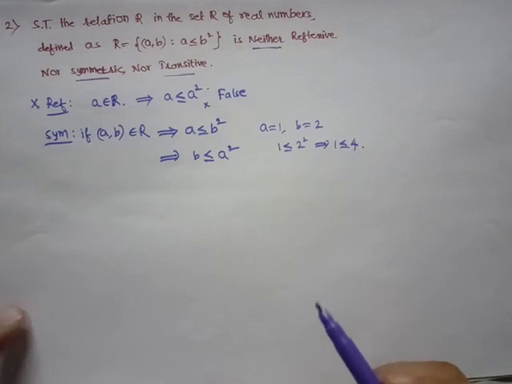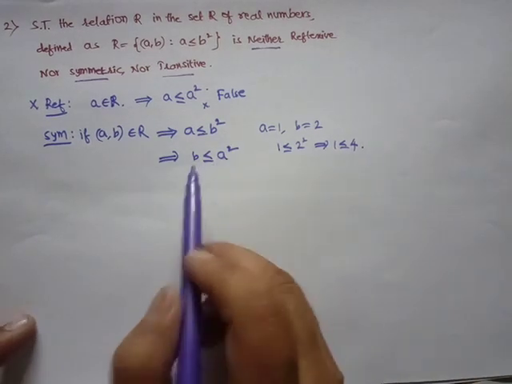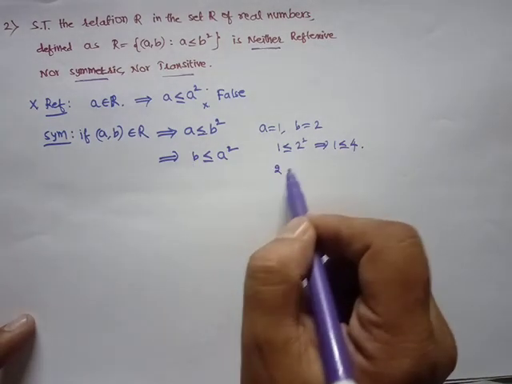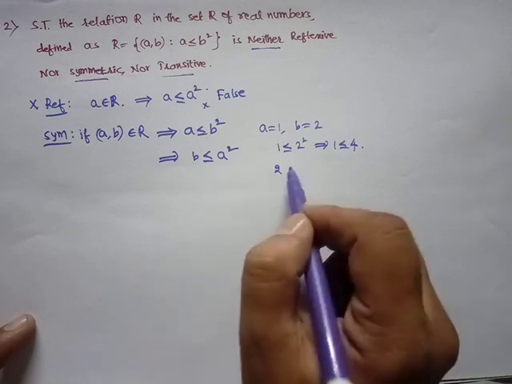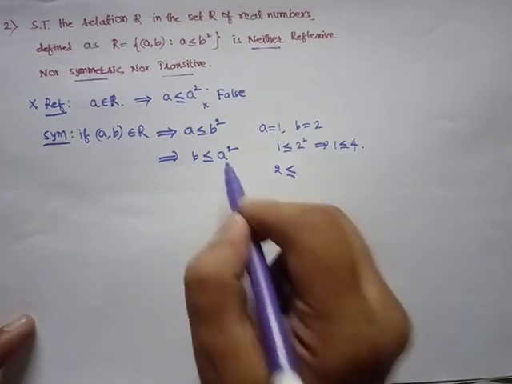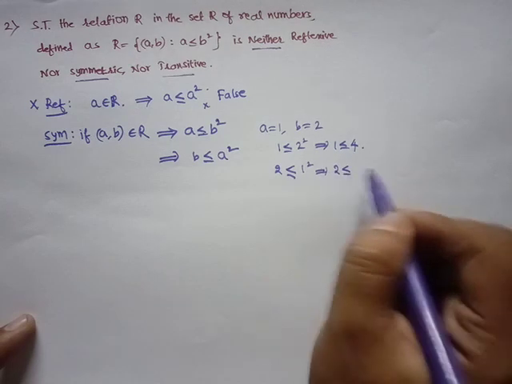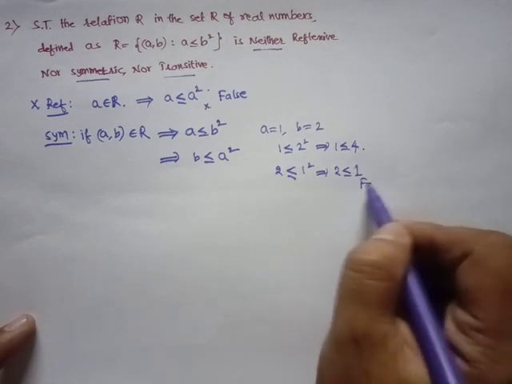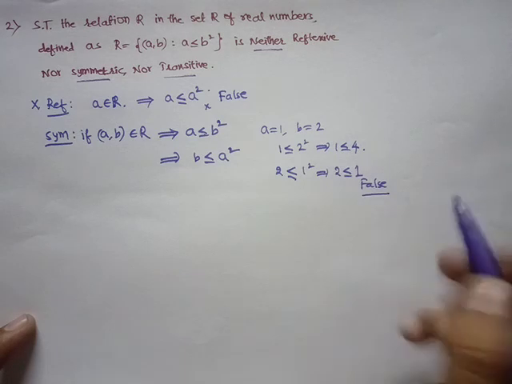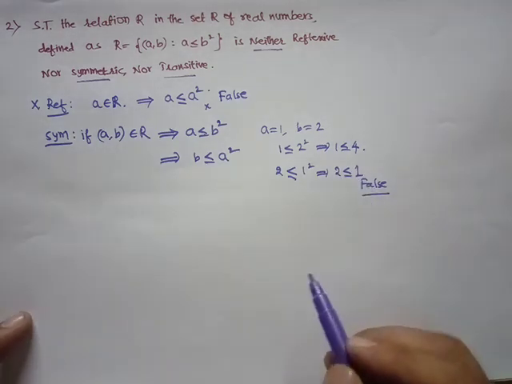Then after knowing that, can we say b less than or equal to a square? b equals to 2 here. 2 less than or equal to a square, and a square is nothing but 1 square. Can we say 2 less than or equal to 1, whether it is a false condition or true condition? So 2 less than or equal to 1 is a false condition.